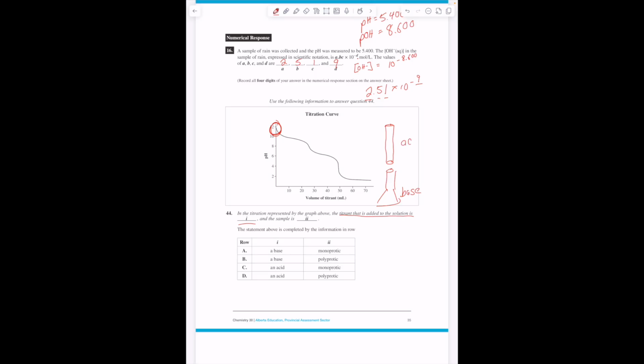So I am dropping acid. I'm dropping acid into my base. Okay, so didn't mean to bring any drug-related humor in there. Sorry, people. Okay, in the titration represented by the graph above, the titrant that is added to the solution must be an acid. And because I have two bumps in the graph, it is polyprotic. D.